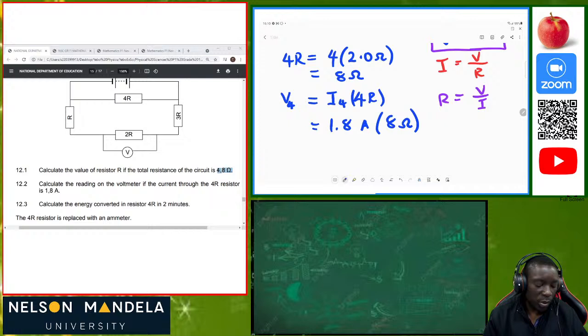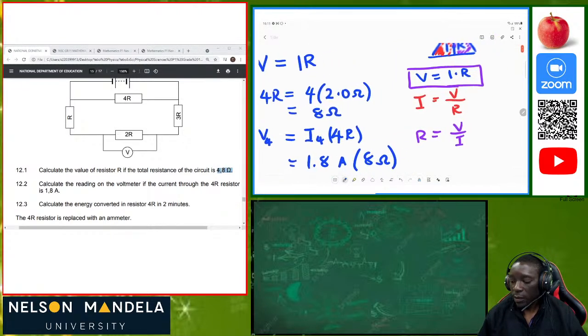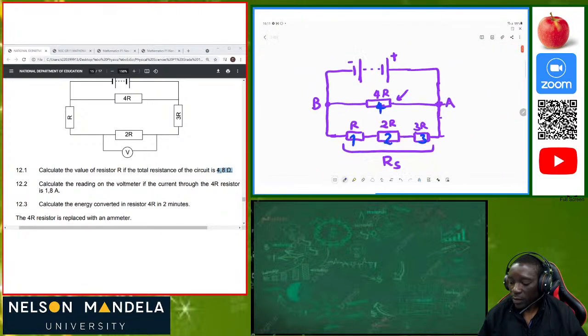So if you calculate 1.8 by 8, what do you get? My calculation is giving me 14.4 volts. The voltage across the resistor is 14.4 volts.